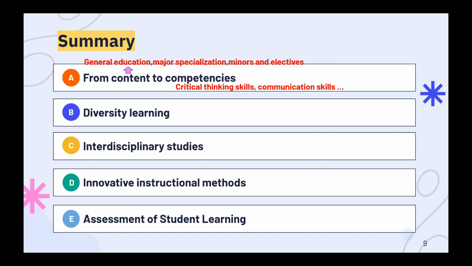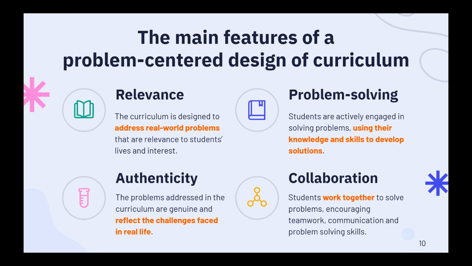Innovative teaching methods and assessment of student learning are the key features for better improving course quality. 90% of seniors in a national survey indicated they had participated in group work in class during college. Next page, we will discuss the features of problem-centered design of curriculum.